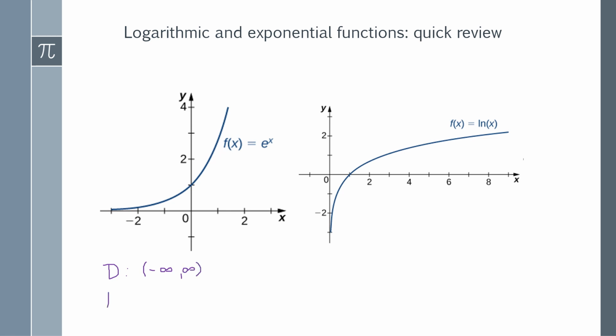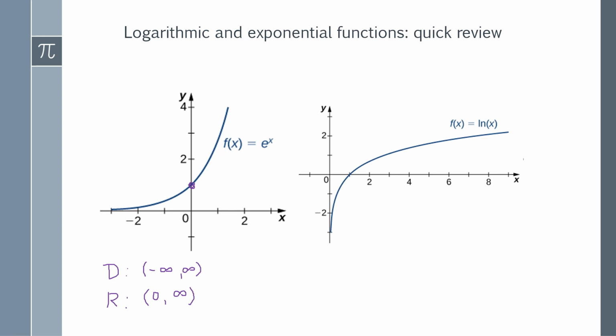And for y, we have a restricted domain, so that would be from 0, not including 0, to positive infinity. We can see that the graph of this function goes through the point (0, 1), and it is an increasing function. So just a couple of properties that we can identify just by looking at the graph.